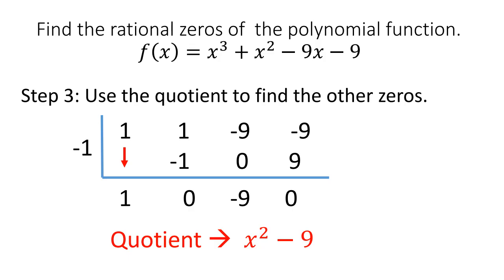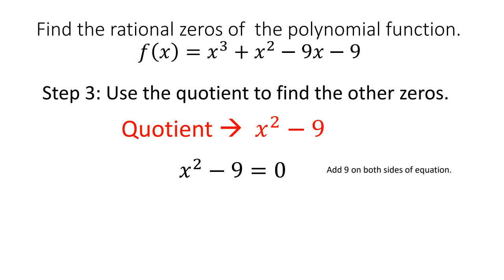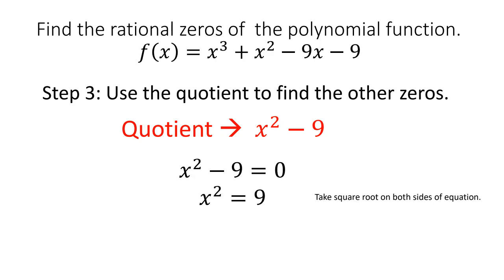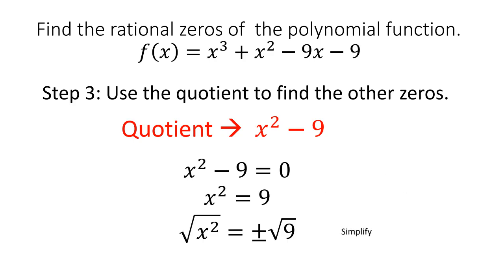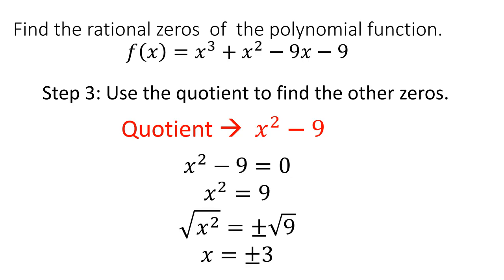I can solve a quadratic. Now, for this particular one, I don't want to use the quadratic formula. Let me use my square root property, right? So I'm going to add 9 on both sides, take the square root of both sides, and I find out that the square root of 9 is going to give me plus or minus 3. So they are my three zeros, or I found the three solution points for this graph.